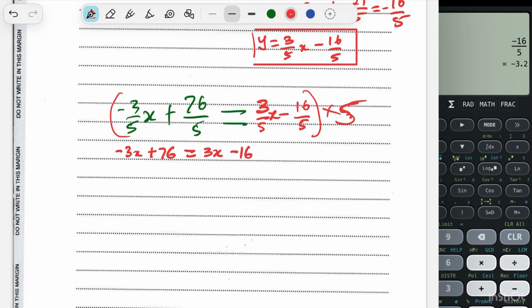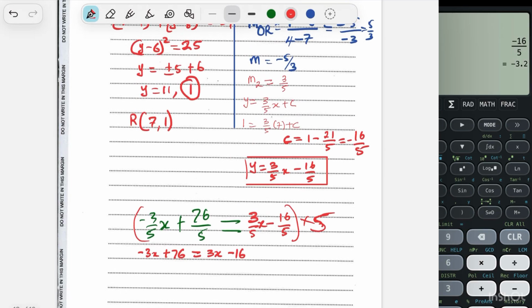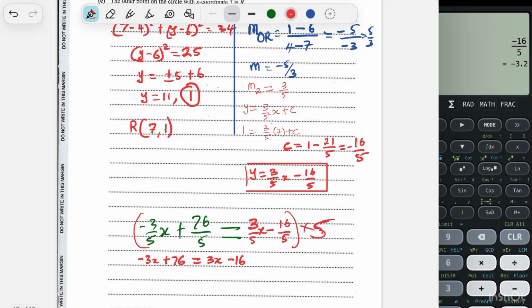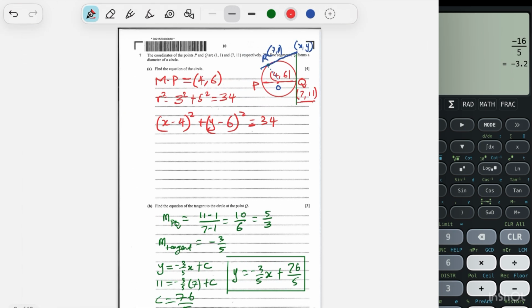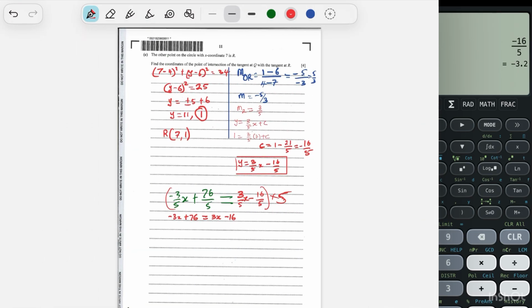So you collect like terms. Let me check if I made any mistake there. Was that 76 or 75? Yes, 76.